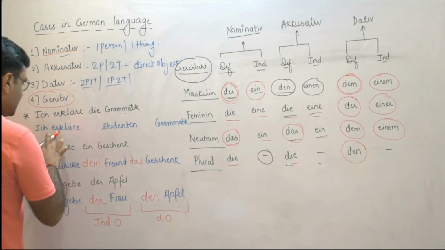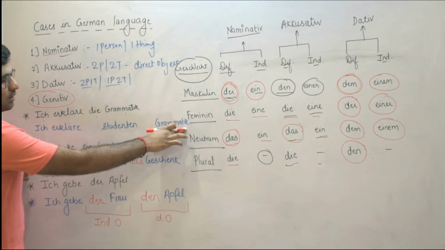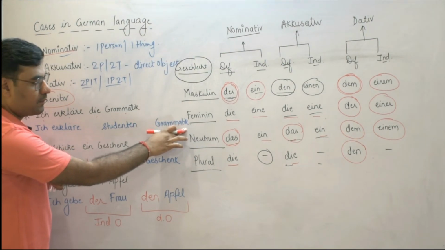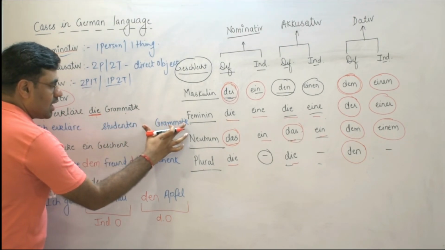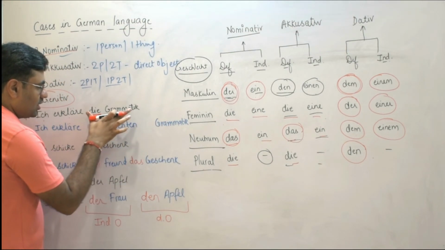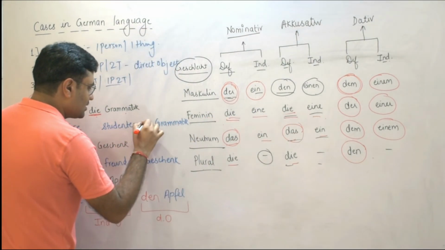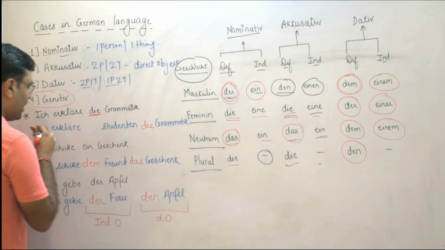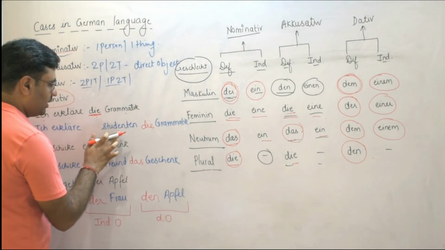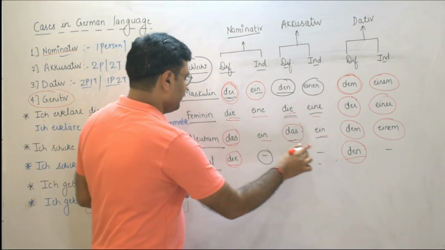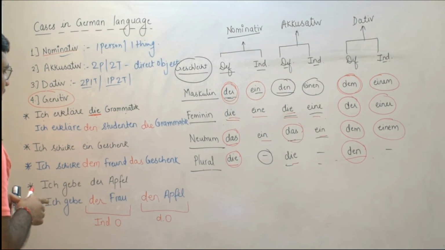So, ich erkläre Studenten. This is plural. And this is feminine in gender. This is accusative. This is dative. So for accusative, die remains die. And for dative, plural is die, and die becomes den. So it will be: ich erkläre den Studenten die Grammatik.